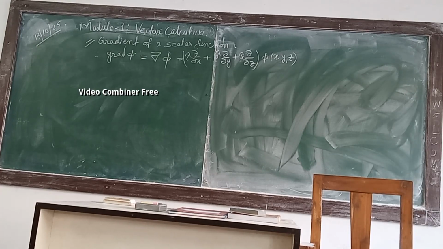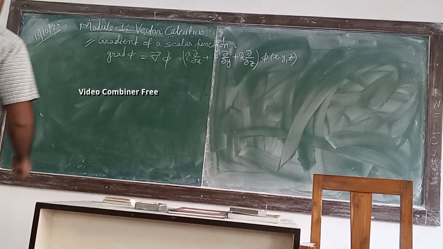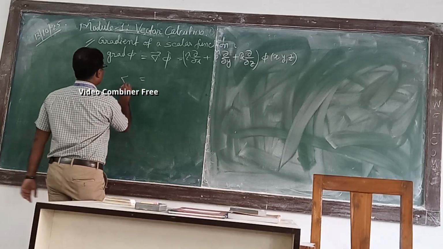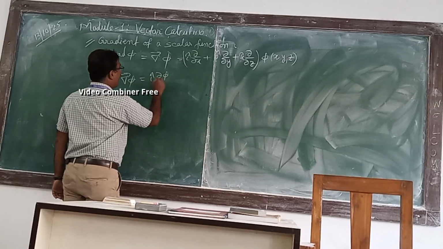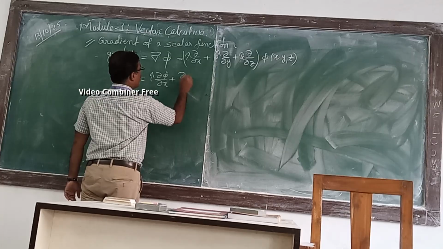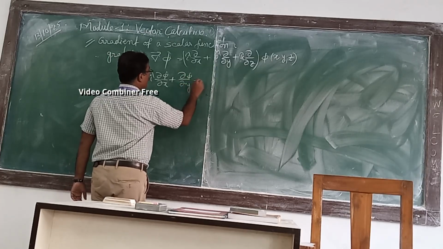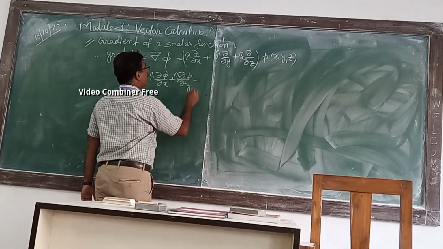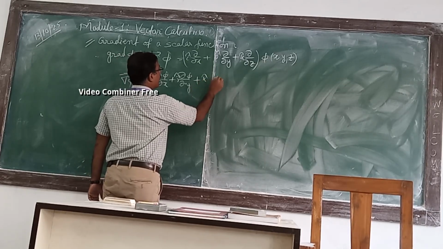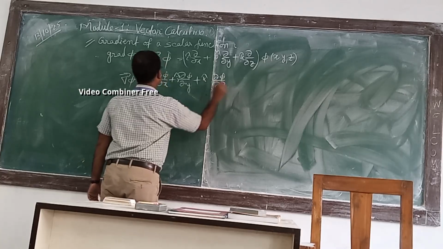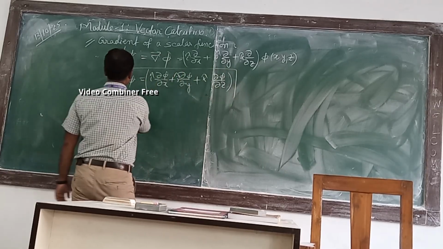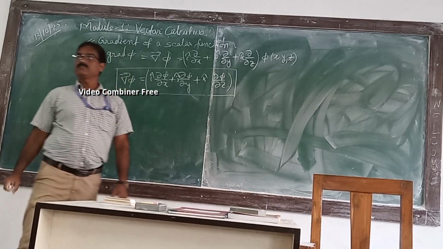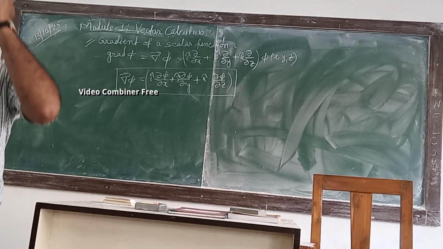Phi is a scalar quantity. Then what will we get? Gradient of phi equals to i cap del phi/del x plus j cap del phi/del y plus k cap del phi/del z. This is the gradient of a scalar quantity.